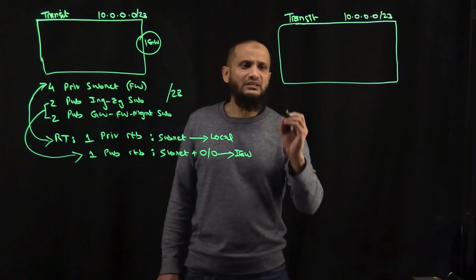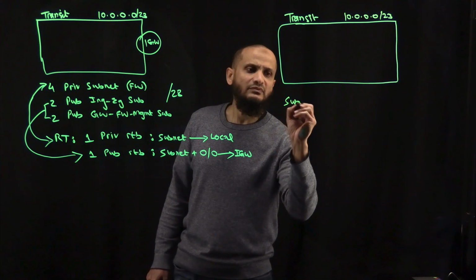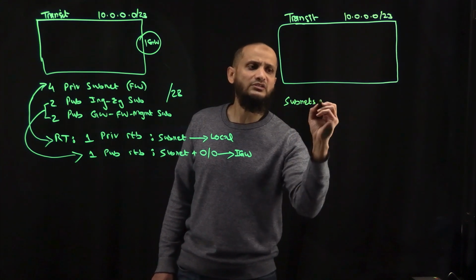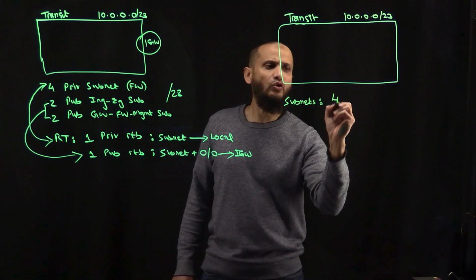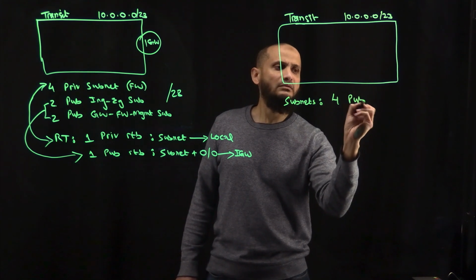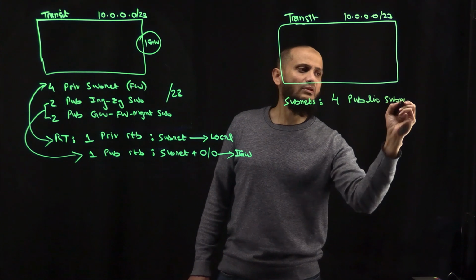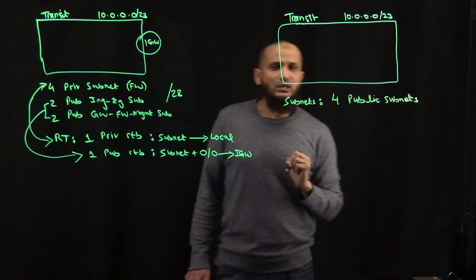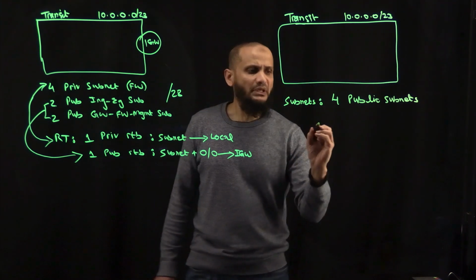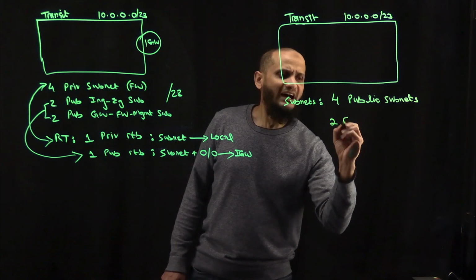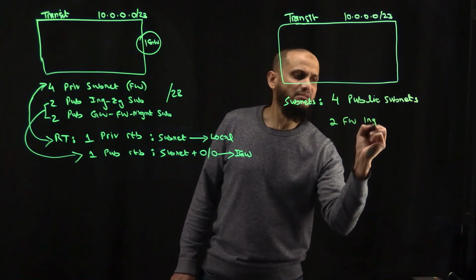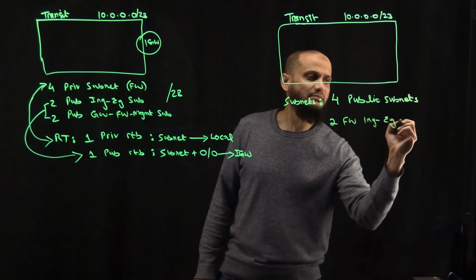Now, from the subnets perspective, the Aviatrix controller is going to create 4 public subnets. And then there will be 2 firewall ingress and egress subnets.